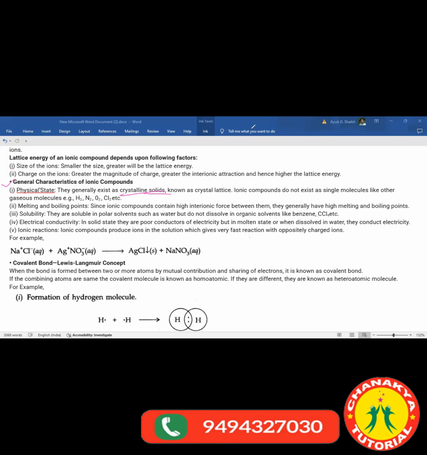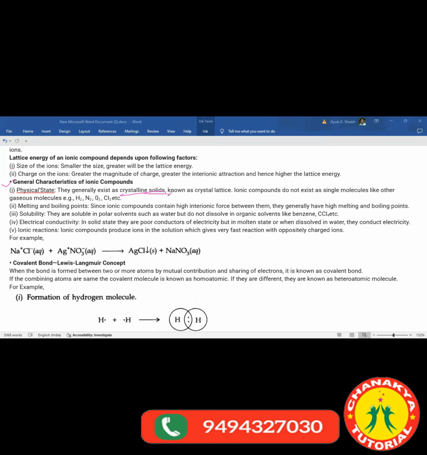Because each and every sodium chloride unit has a specific geometry, a specific shape. Whereas in amorphous solids, there is no regular shape or geometry. But in a crystalline solid, each and every molecule has a specific shape, and hence it is crystalline in nature.